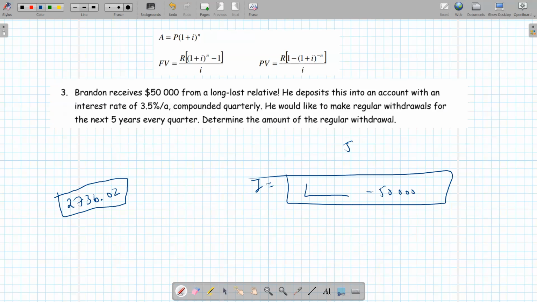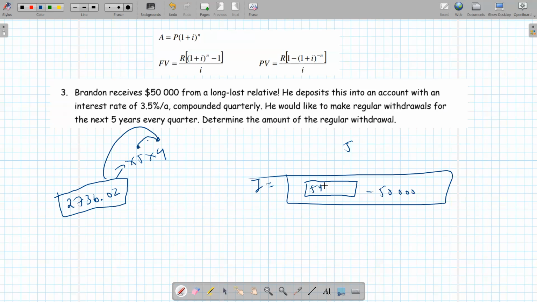How much money did he actually earn over 5 years? You do 54,720.4, times 4 a year for 5 years.